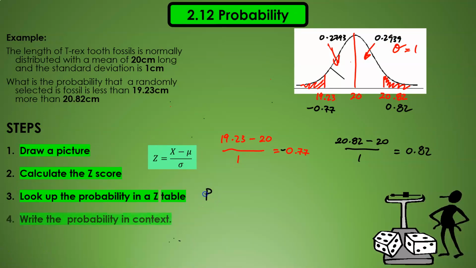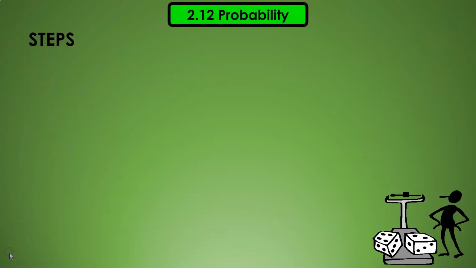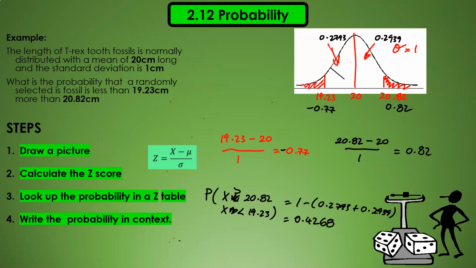So our probability of x being more than 20.82 and x being less than 19.23 is going to be equal to 1 take away 0.2793 plus 0.2939, which gives us 0.4268.